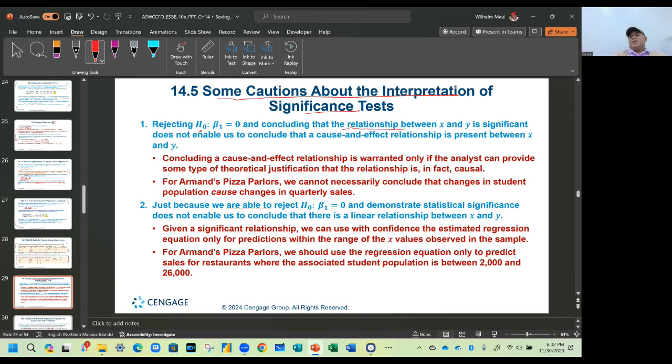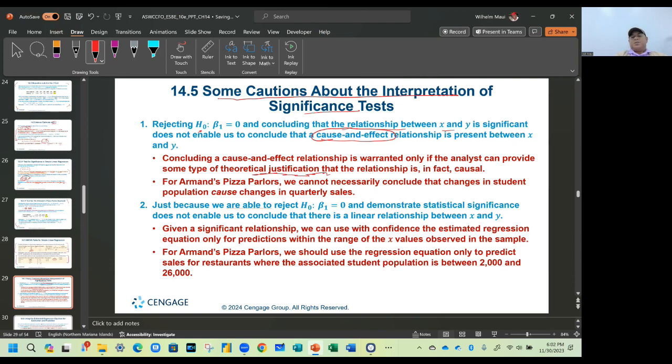And concluding that the relationship between X and Y is significant doesn't really enable us to say that there's cause and effect, no? So always be careful with this one. A relationship is present between X and Y, but it's not a causal one. To be a causal one, you have to have some justification for it, some kind of theoretical justification.